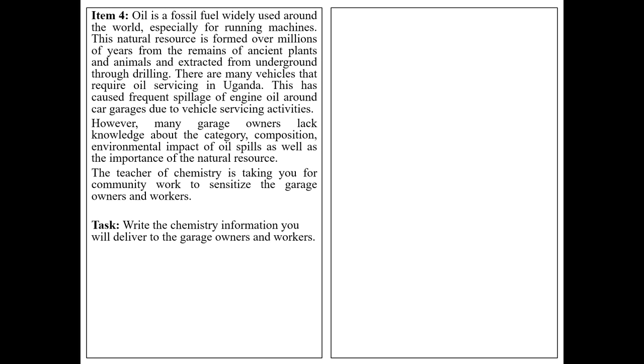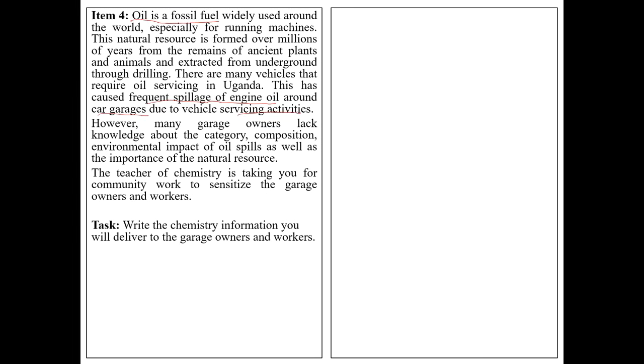Let's go through this item. They're saying that oil is a fossil fuel widely used around the world, especially for running machines. This natural resource is formed over millions of years from remains of ancient plants and animals and extracted from underground through drilling. There are many vehicles that require oil servicing in Uganda. This has caused the frequent spillage of engine oil around car garages due to vehicle servicing activities.